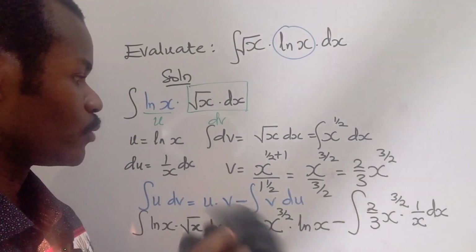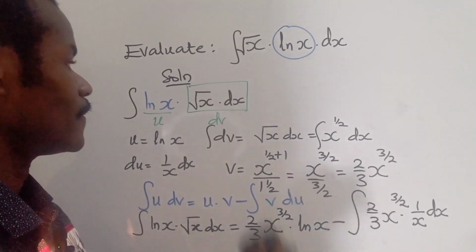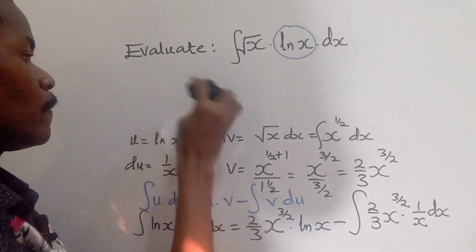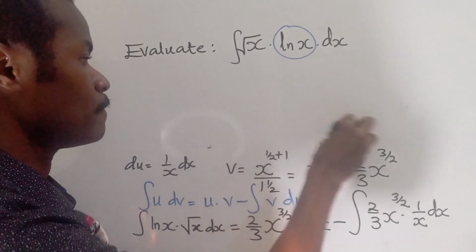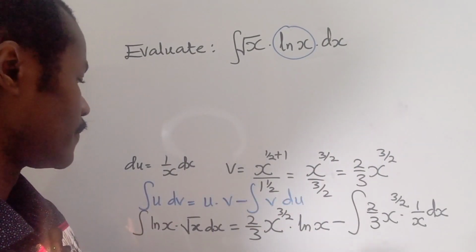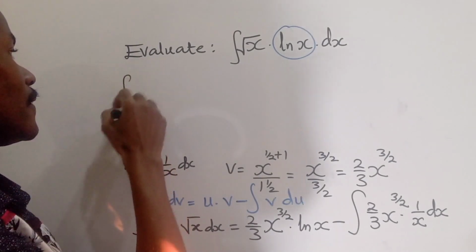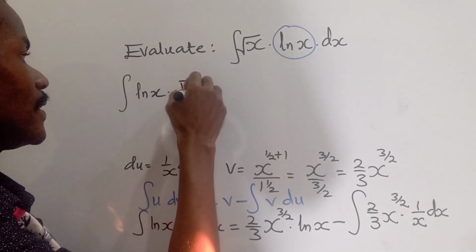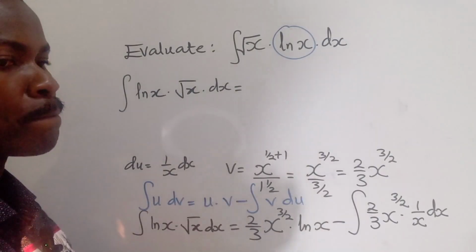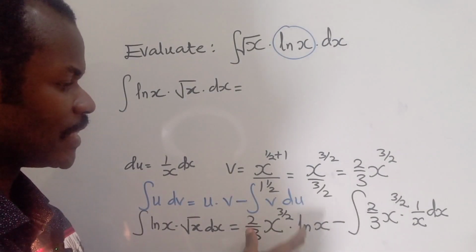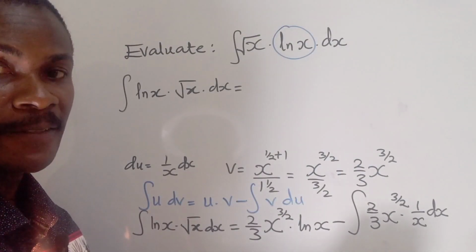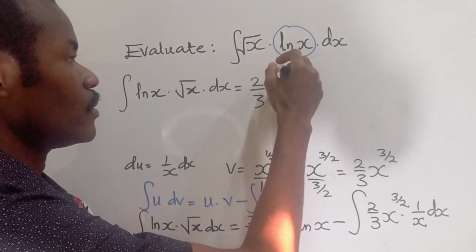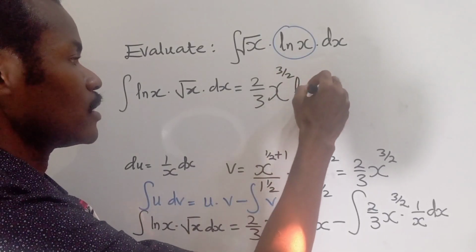From this, we can now simplify all this further to see what it is going to give us. So I have 2/3 x to the power of 3 over 2 natural logarithm of x.